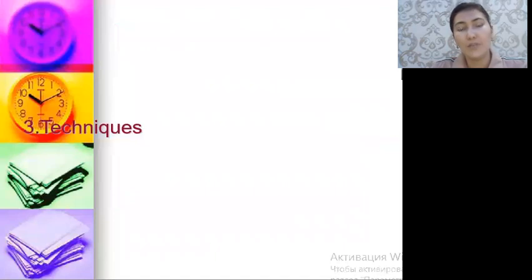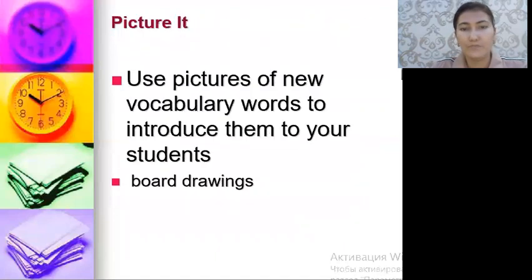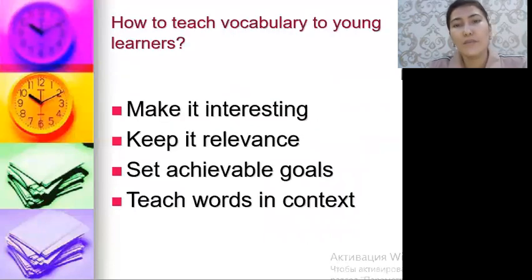Now, vocabulary teaching techniques. As you are going to teach different level learners, first of all, we will start with teaching young learners. Teaching young learners is not an easy job. It's very difficult.